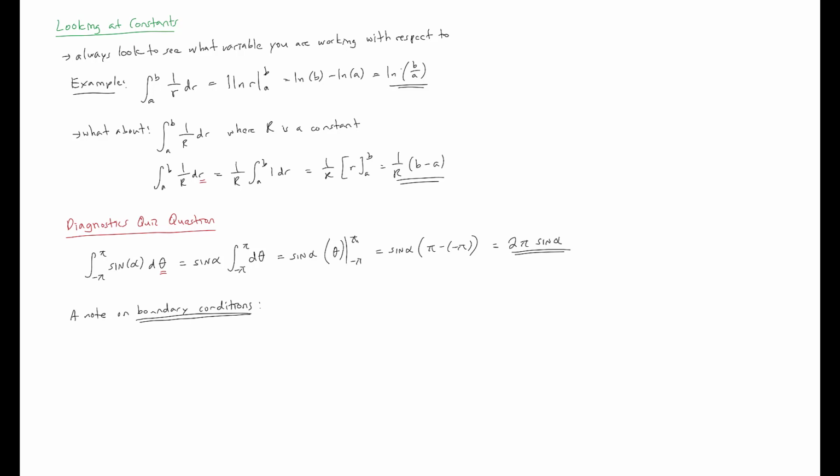It simply means that if you have a function f of r that is bounded by a and b, it means that this expression is only true for any values of r between the physical dimensions of a and b.